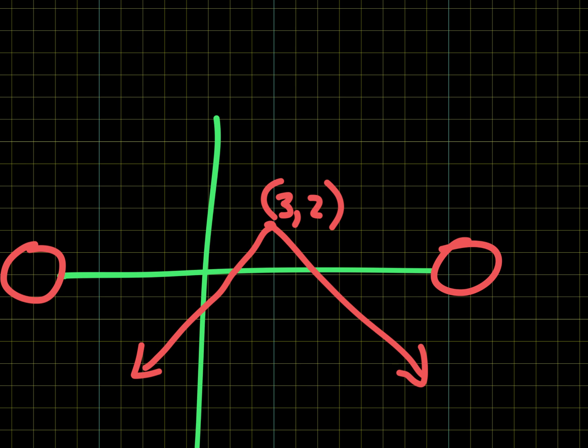And then I'd say, when was it increasing? And you can always put in parentheses and a comma every single time. When was it decreasing? Parentheses and a comma. And I know some of you are going to get confused because you're like, I think I'm naming a point. Nope. I'm telling you the x values of when it was increasing. It's not a point. It looks like a point. It's not a point.